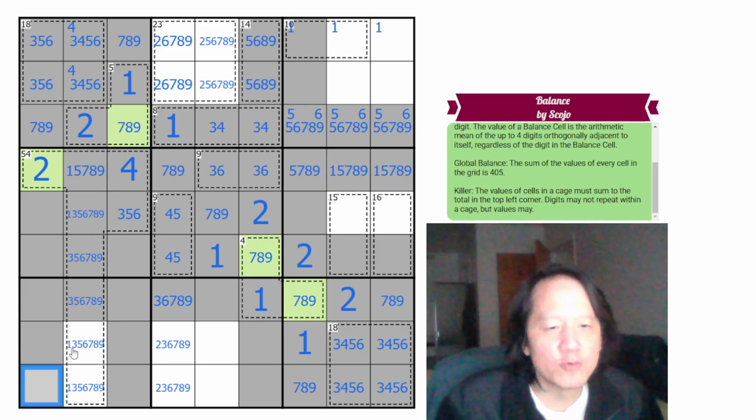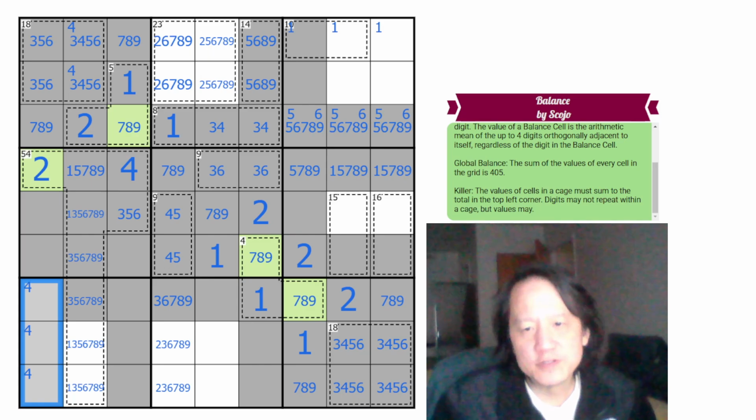So then that would force this to be, if that's the case, 8 and 2/3. The 4 is one of these 3 cells.